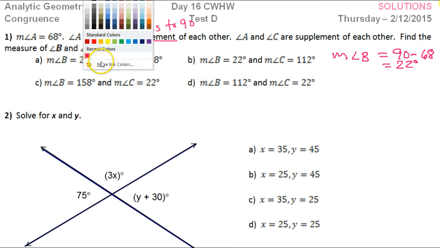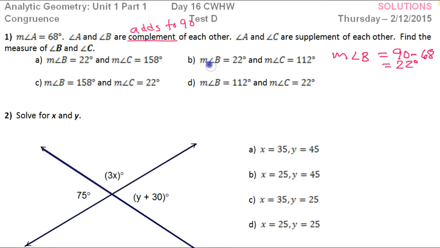Now on the other hand, A and C are supplementary. Supplementary means that they add to 180. Again, we know that the measure of angle A is 68 degrees, so to find the measure of angle C, I need to subtract from 180.